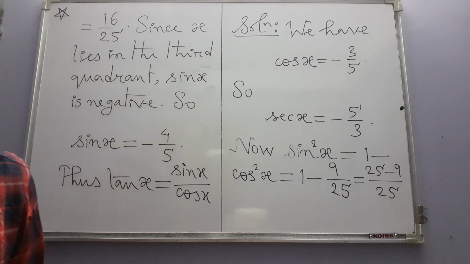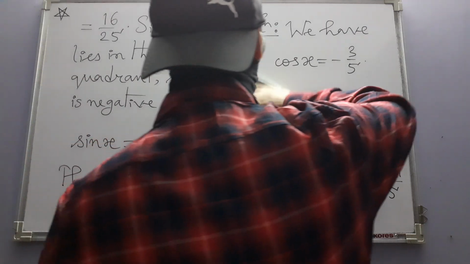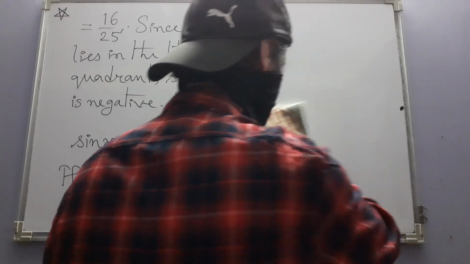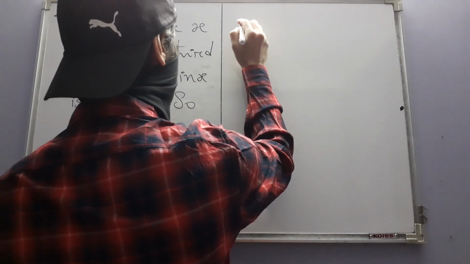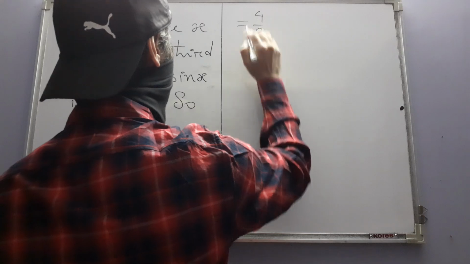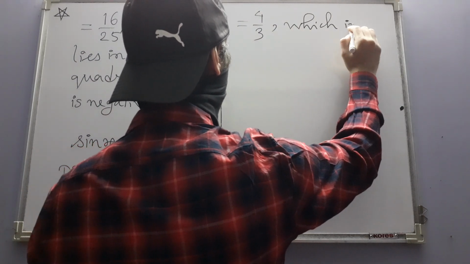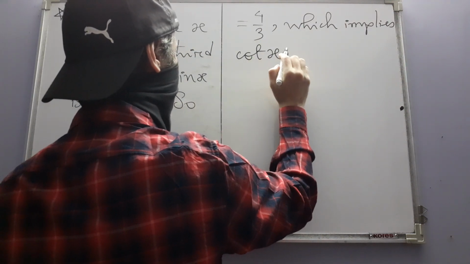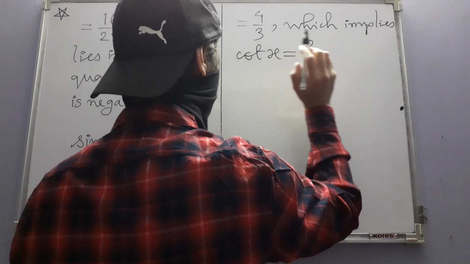If you do the calculation, you can easily see that it is 4 divided by 3. And from this, it implies that cot x is then the reciprocal of this, that is 3 divided by 4.